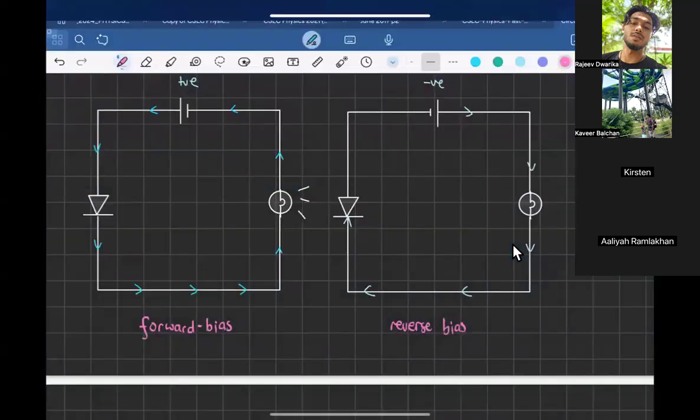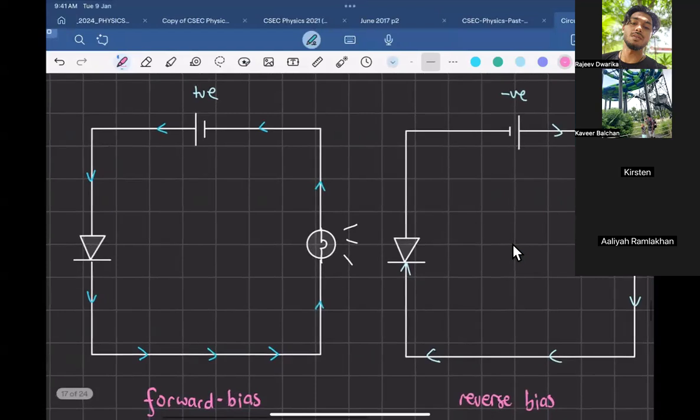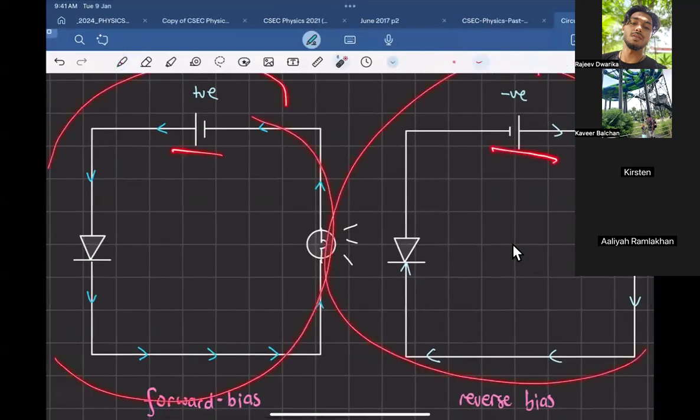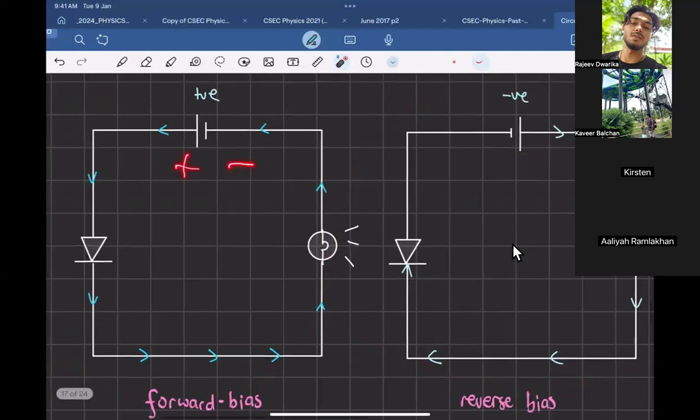We're basically playing spot the difference. What is the difference between circuit 1 and circuit 2? The battery in circuit 1 is positive and the battery in circuit 2 is negative. Yes, I swapped the battery. Watch. In this circuit, the positive is over here and the negative is over there, and in this circuit, it's swapped.